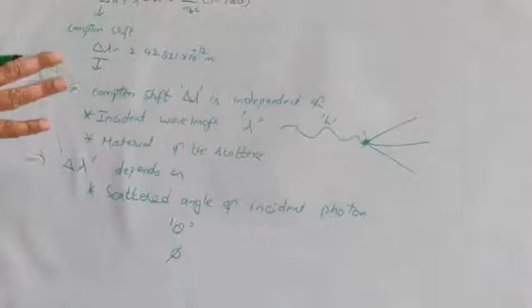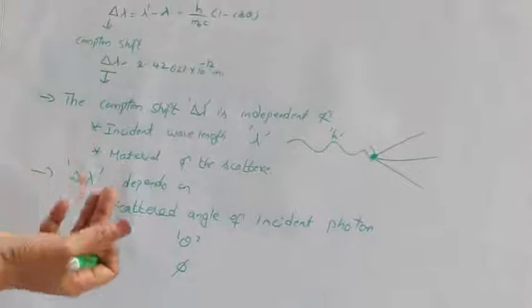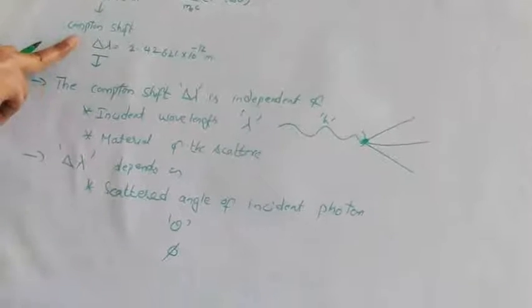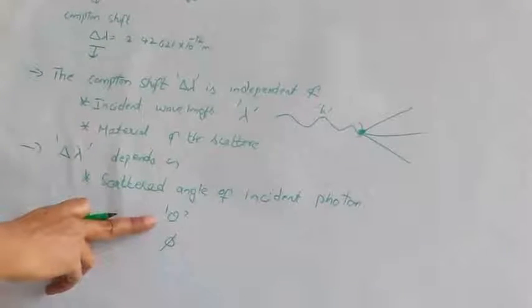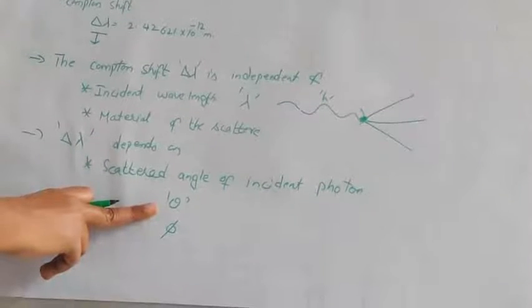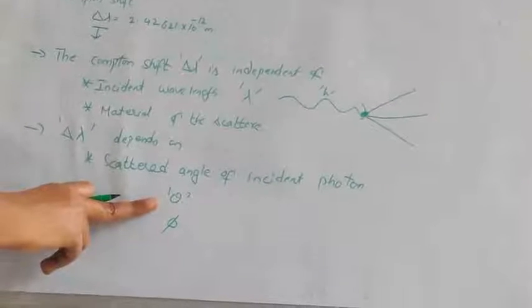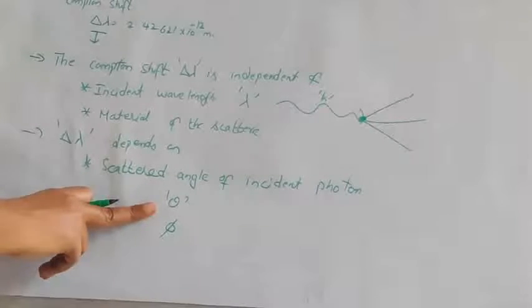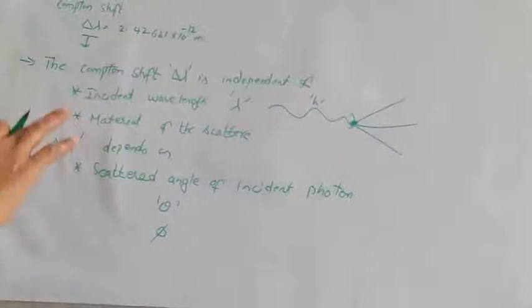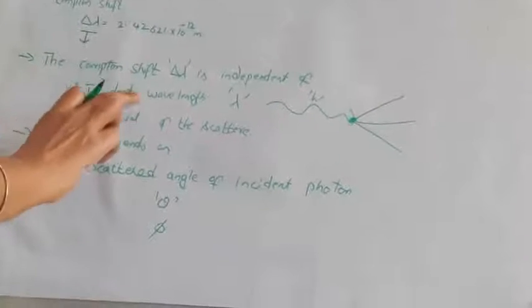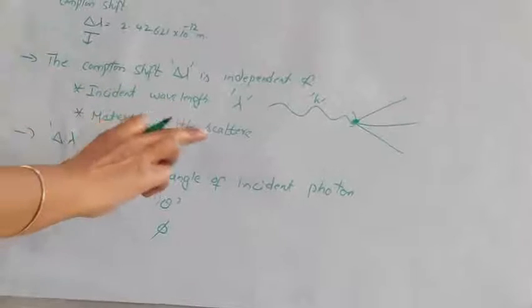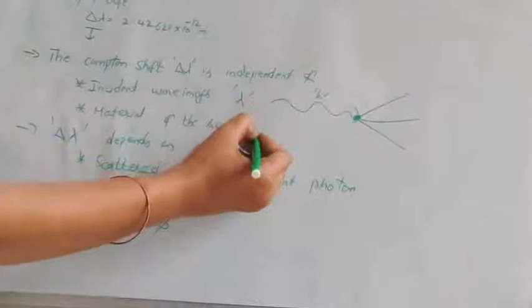The Compton shift depends upon what parameters? The Compton shift mainly depends upon the scattered angle of the incident photon, whereas it does not depend upon the incident wavelength as well as the material of the scatterer.